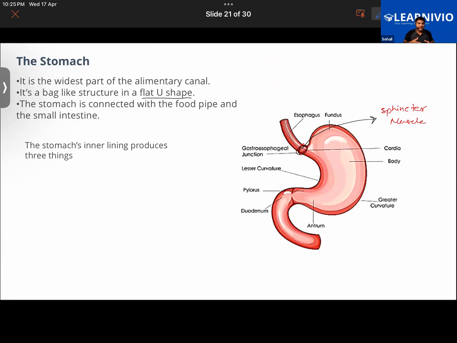It opens when you eat or drink something. So it prevents the food from getting back into the food pipe. In special cases like vomiting, it will allow the food to go back to the mouth. Try to understand it. Abu, are you getting it?